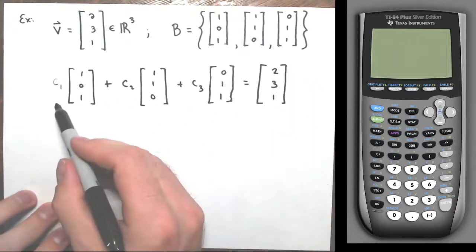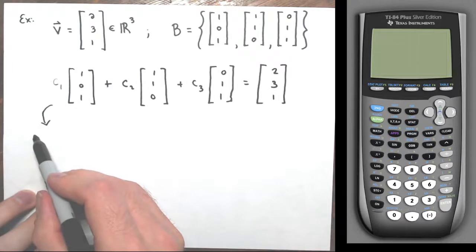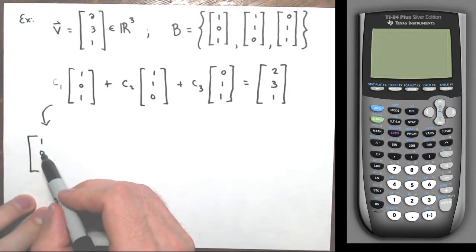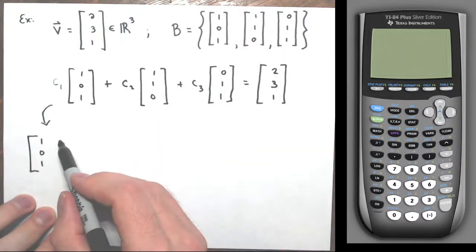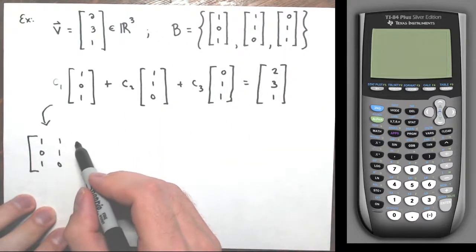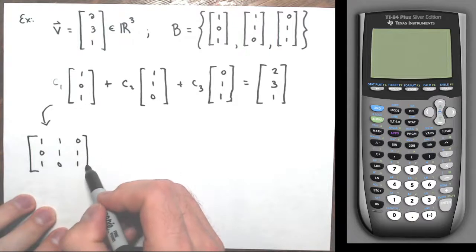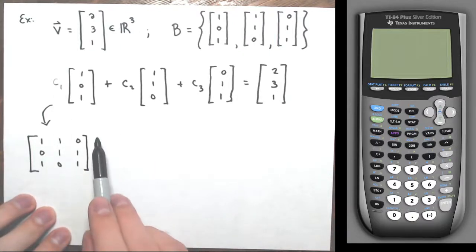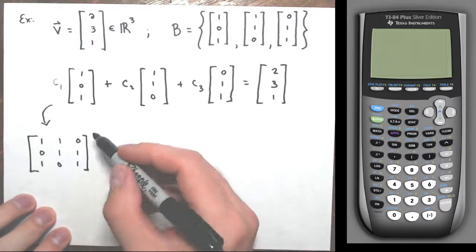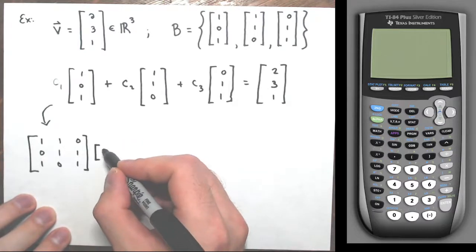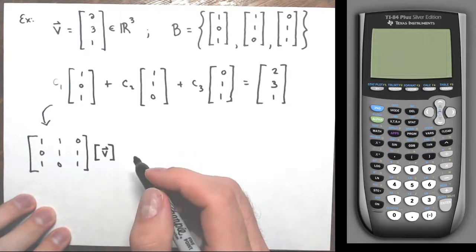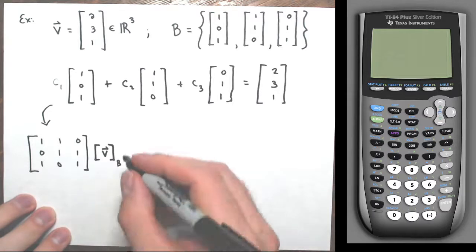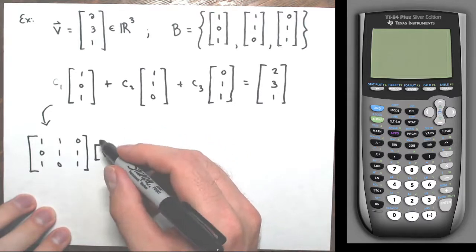All right, so don't forget, I could write this as this matrix equation, where the matrix with the coefficients is going to have the columns that are these vectors here, 1, 0, 1, 1, 1, 0, 0, 1, 1, times my C1, C2, C3, but the matrix with C1, C2, C3 is that coordinate vector with respect to basis B. This is the C1, C2, C3.